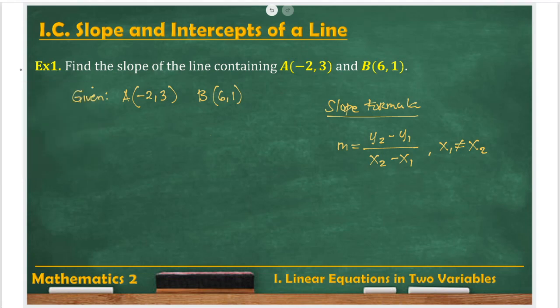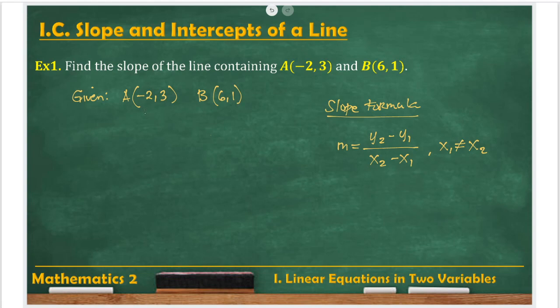Now we're going to assign x sub 1, y sub 1 to one of the 2 points, and of course x sub 2, y sub 2 to the other point. If you're solving for the slope, it doesn't matter which of the given points is labeled as p sub 1 and p sub 2.